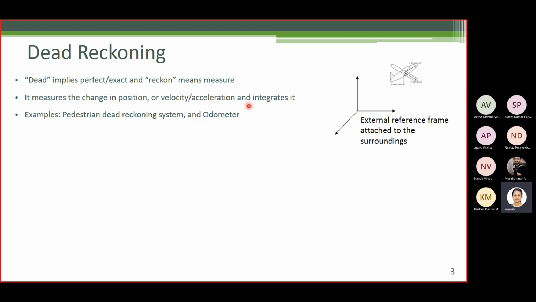The total number of pulses sent out by the sensor can be divided by that number to get the number of rotations of the vehicle wheel, and that is proportional to the distance traveled by the car. This is how we can find the distance traveled by the car using an odometer.